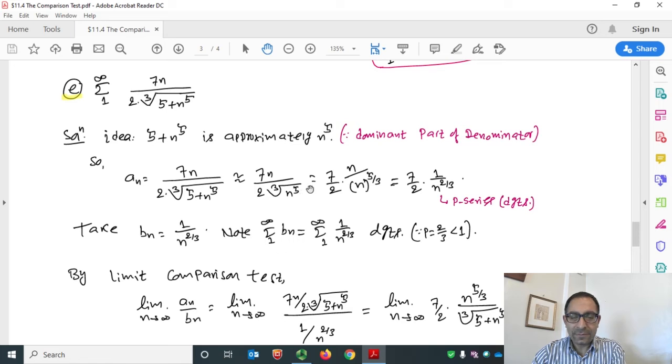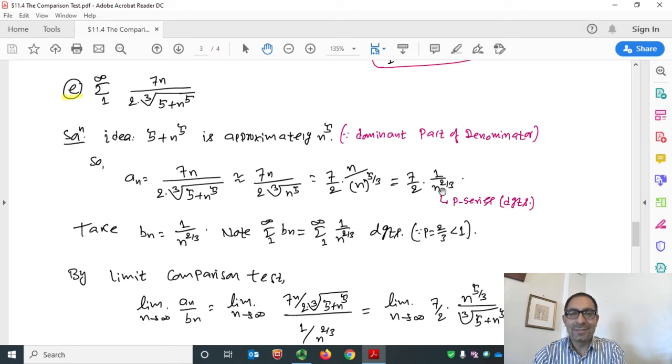Okay, and this equals, let's separate the constant, so pull the constant outside, then we have n over n to the power 5 thirds. This equals 7/2, the constant as it is. Then bring this n down in the denominator by switching the sign, so we have n to the power 5 thirds minus 1, which is n to the power 2 thirds.